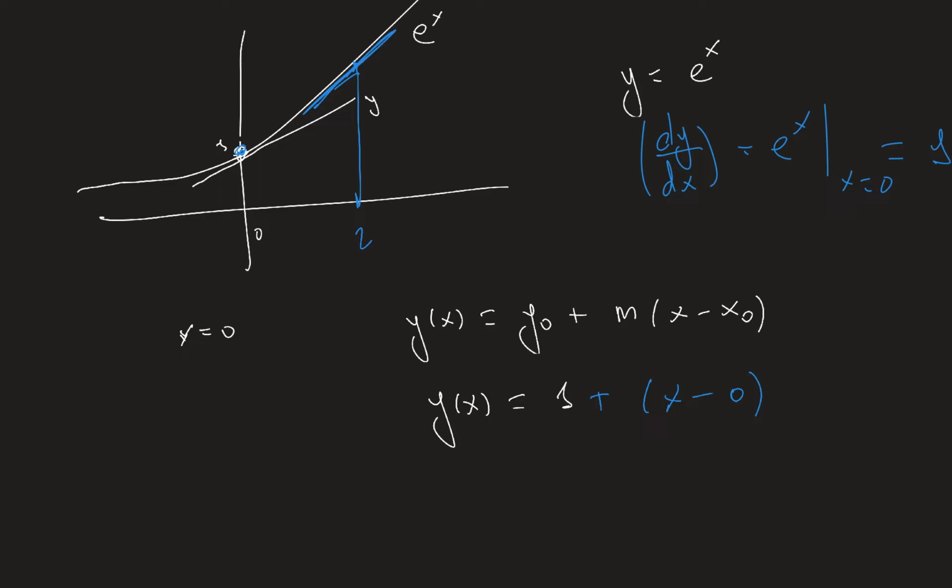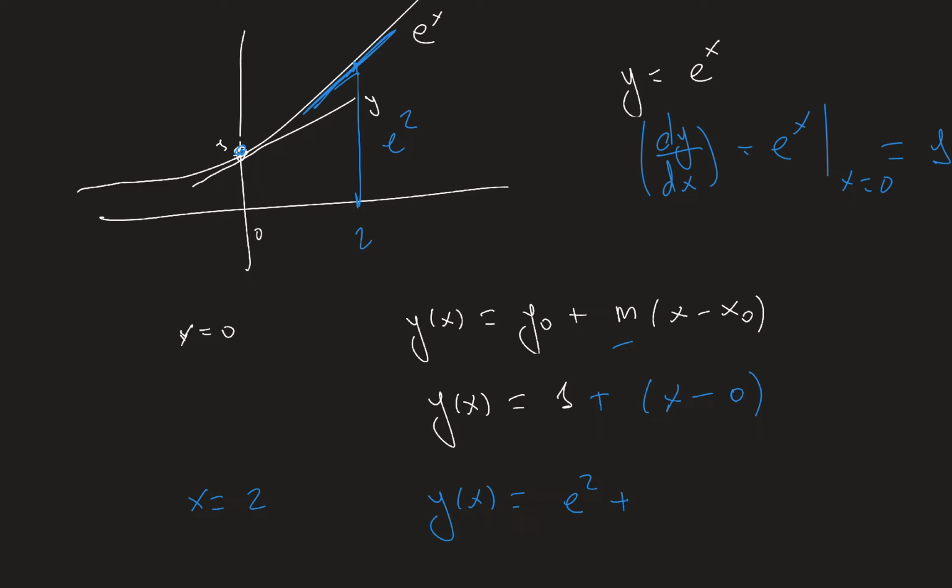It will look very near to the function near x equal 2. And the linear approximation at x equal 2 will be y of x equal e to the 2 plus the slope, which is the derivative of the function evaluated at x equal 2.